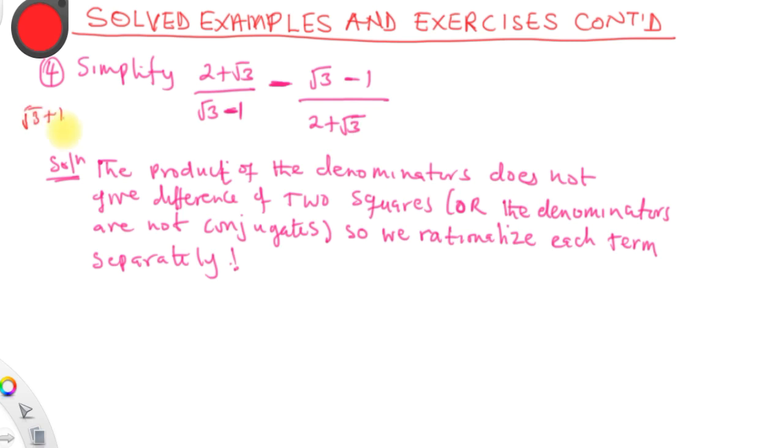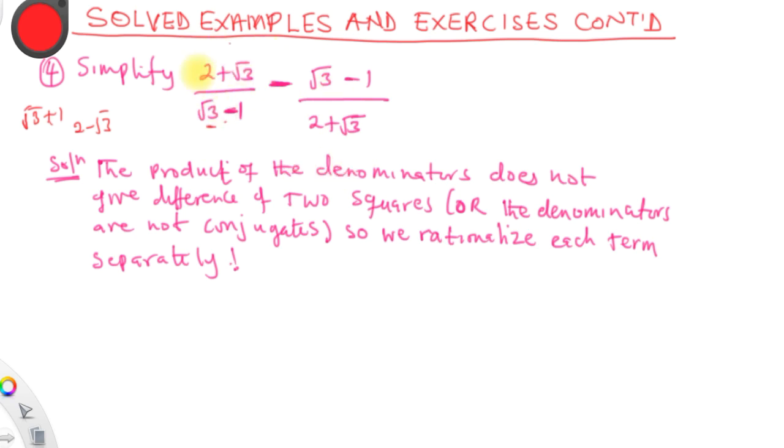The conjugate of the denominator 2 plus square root of 3 is 2 minus square root of 3. So you can conclude that these denominators, square root of 3 minus 1 and 2 plus square root of 3, are not conjugates. Therefore, you cannot simplify this given fractional set that has two terms by finding the LCM.